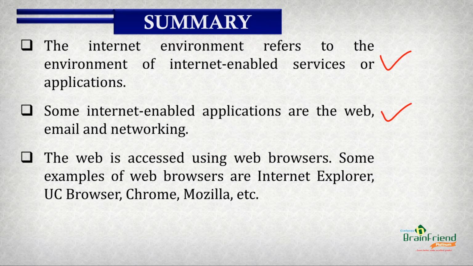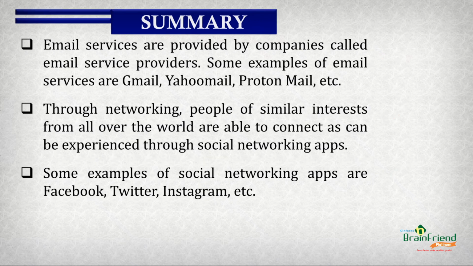We also learned that the web is accessed using web browsers, and some examples of web browsers are Internet Explorer, UC Browser, Chrome, Mozilla, and so on. Going on, we learned that email services are provided by companies called email service providers. Some examples of email services are Gmail, Yahoo Mail, Proton Mail, and so on.